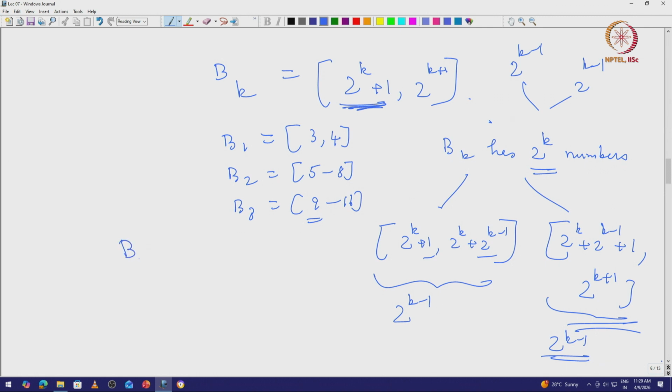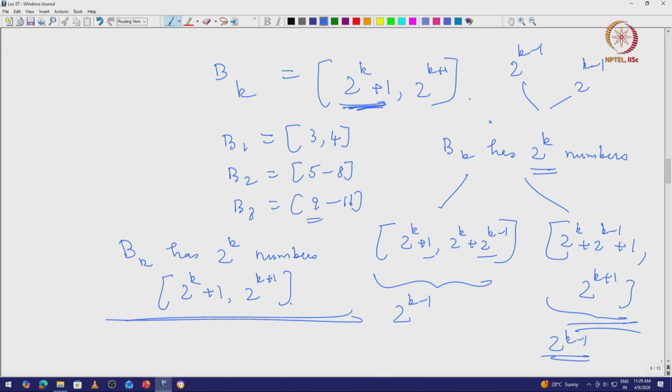So Bk has 2 power k numbers, from 2 power k plus 1 to 2 power k plus 2 power k, which is 2 power k plus 1, and that is split into 2 halves of this interval. My claim is that for all of the first half the difference is 2, and for all of the second half the difference is 1. This is what we have to show.